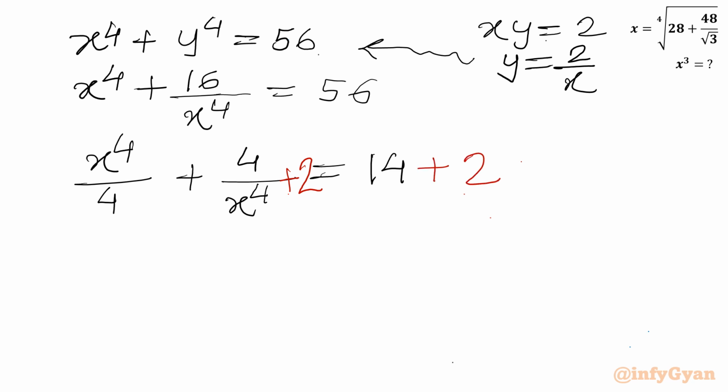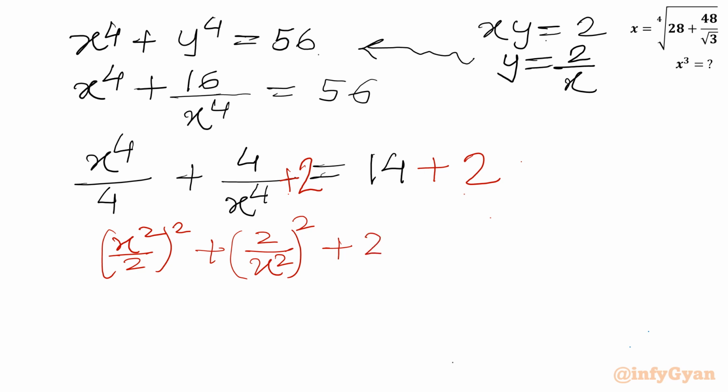So we can write LHS as x square over 2 whole square plus 2 over x square whole square plus 2 times x square over 2 times 2 over x square. So finally 2, and the right hand side is 16, which we can think of as 4 square.